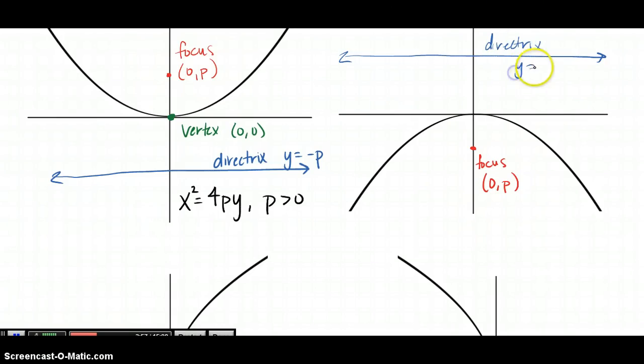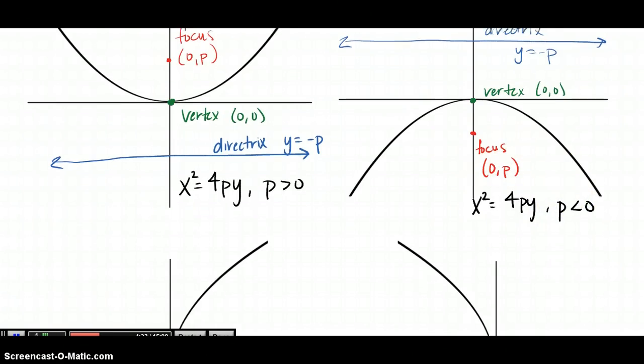So this would be y equals negative p. And then your vertex again is just (0, 0). All the parabolas that we're going to deal with have a vertex of (0, 0) for this section. And the equation is going to be x squared equals 4py. Nothing changed there, except in this case our p is less than 0 because our focus is below the x-axis.